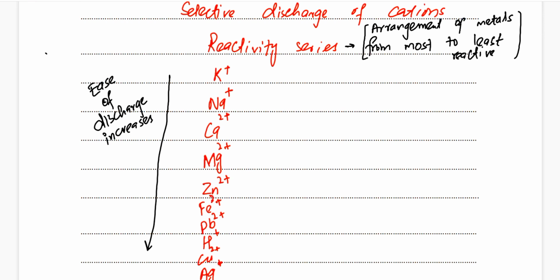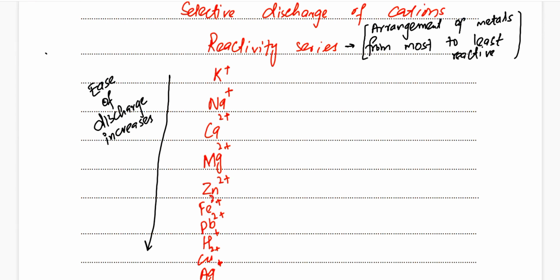In this way, it is easier for the cathode to discharge silver as compared to copper, and copper as compared to hydrogen, and hydrogen as compared to lead and iron. Simply, the lower ones are discharged first and are preferred by the cathodes.